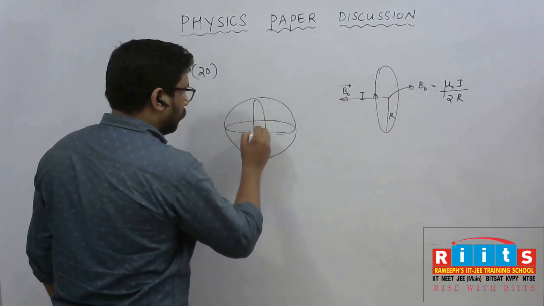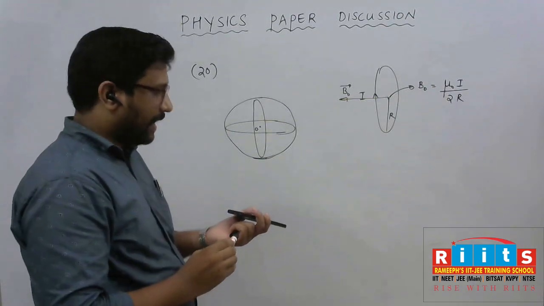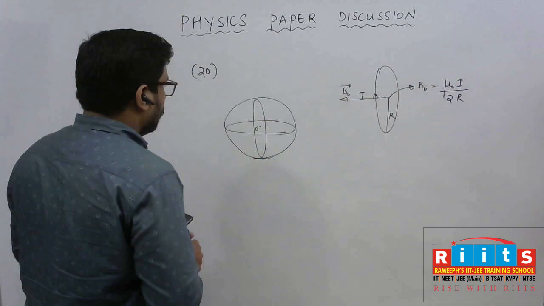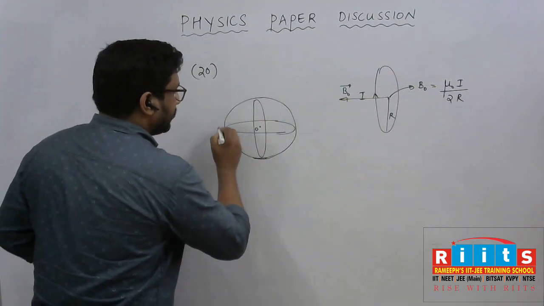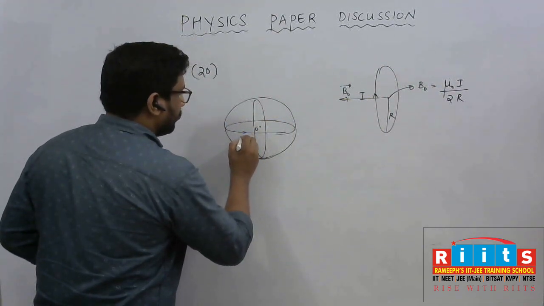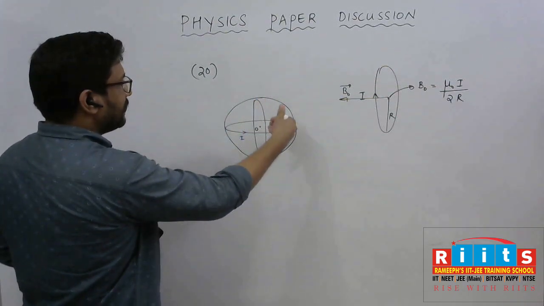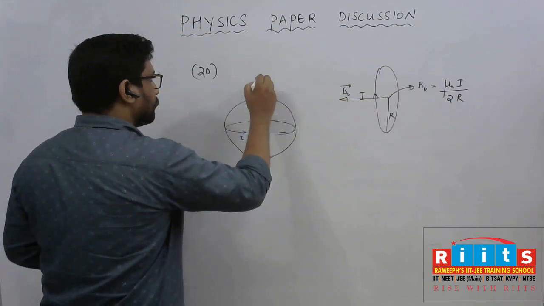So this portion is the origin. They are asking what is the total magnetic field. How can we calculate it? See here, an identical current I is flowing here. The magnetic field because of this current, using the right hand thumb rule, is upwards.